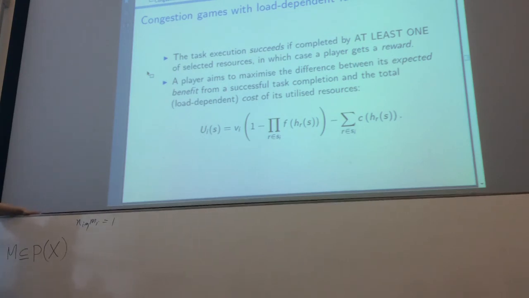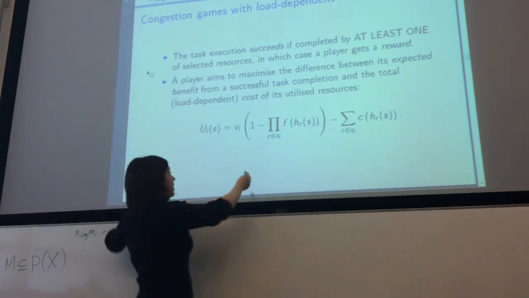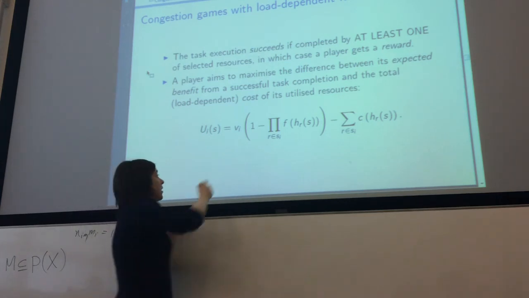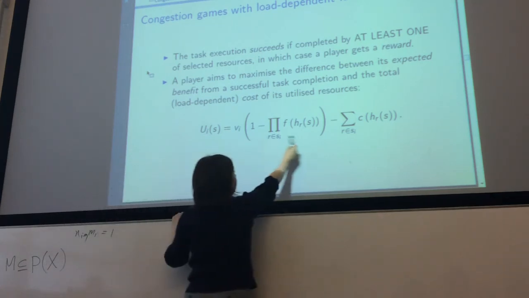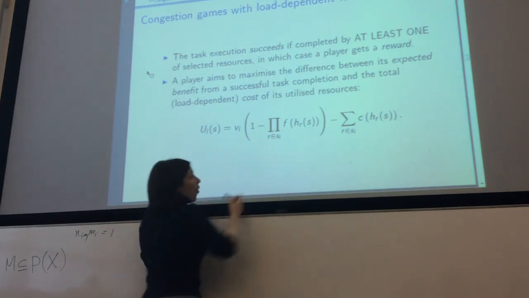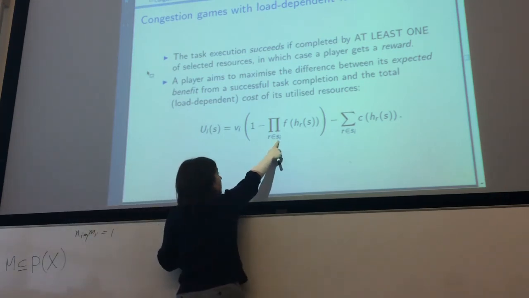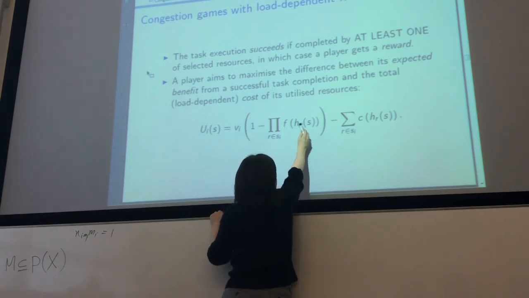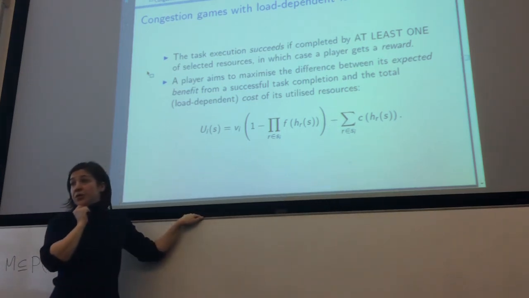And the utility to a player would be the difference between the reward v_i that you get if your task is successfully executed, times the probability of that, which is 1 minus the joint probability of all the resources that you used failing, that is, a product over all the resources in your strategy of the failure probability function that depends on the congestion, minus the sum of costs for all the resources that you use.